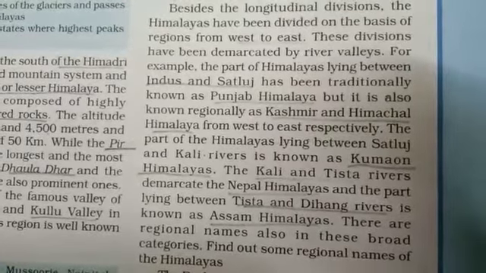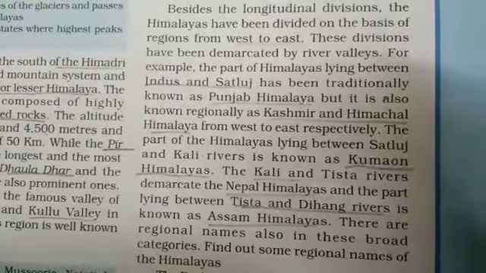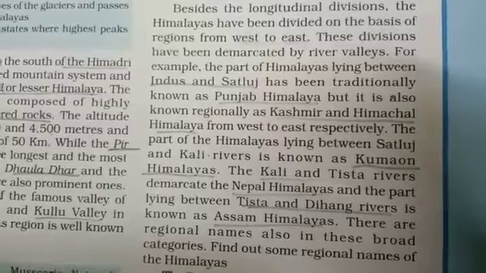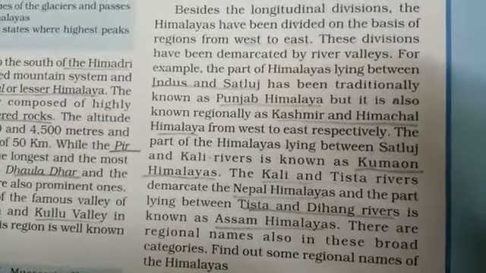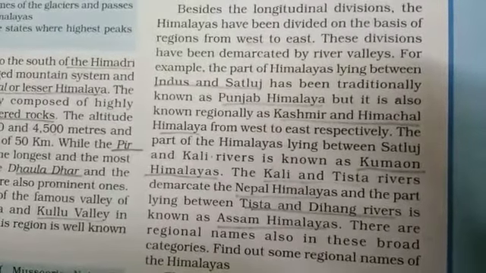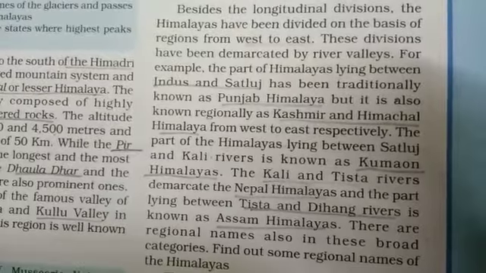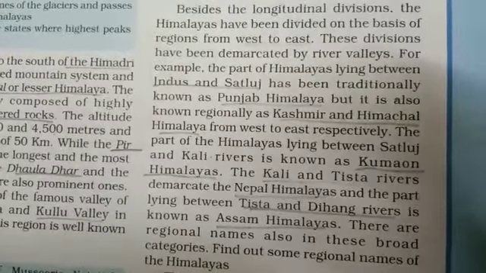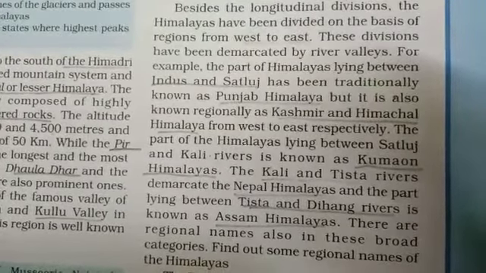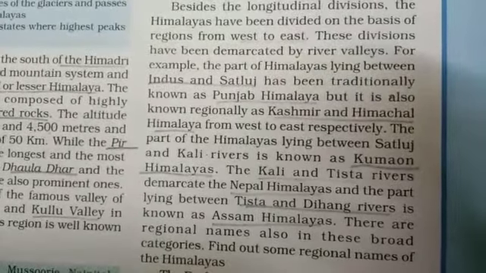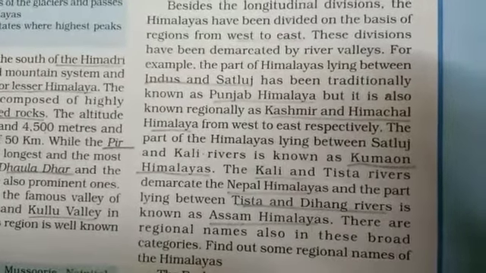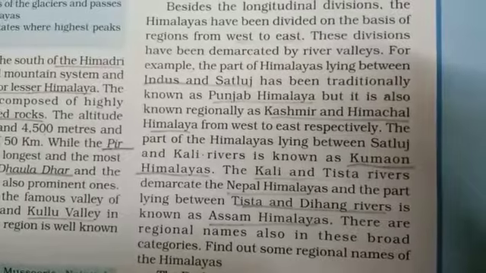The Kali and Tista rivers demarcate the Nepal Himalayas, and the part lying between Tista and Dihong rivers is known as Assam Himalaya. In this way, these are the four divisions of Himalaya.